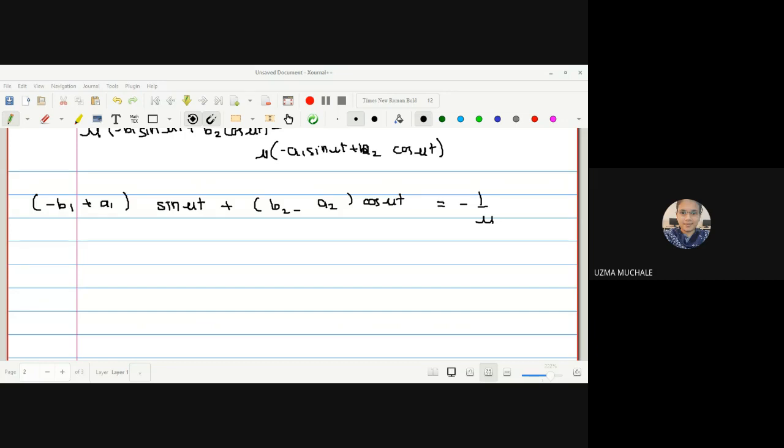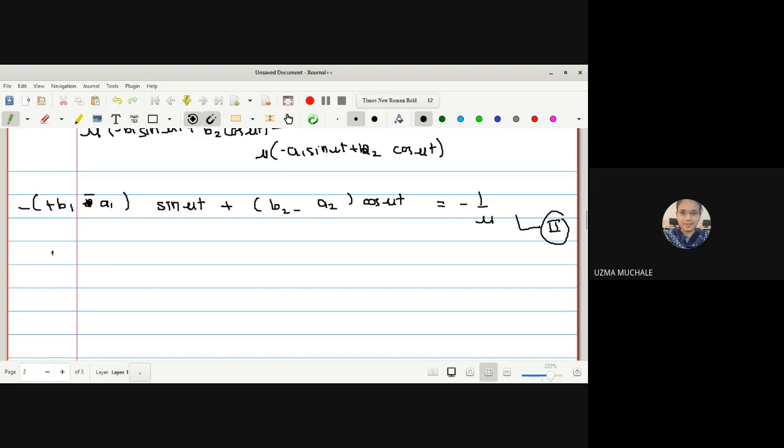Okay, you can name this as equation number 2. This also we are going to use so that we can find out the values of constants a1, a2, b1, b2. If you want to write this in a similar way, you can take this negative sign outside and write the same equation as b1 minus a1, here b2 minus.